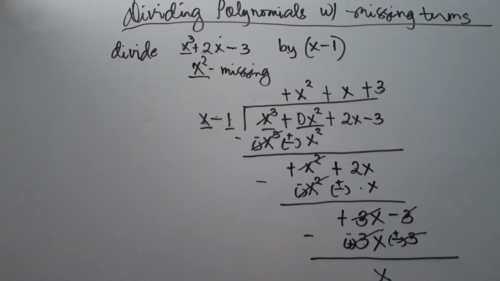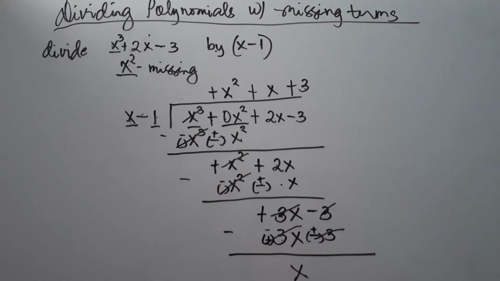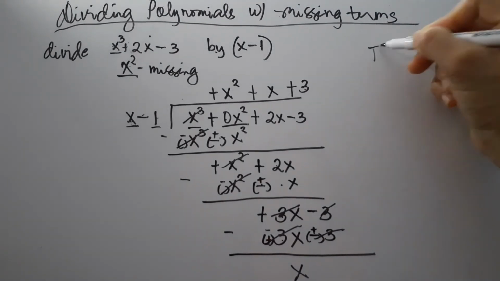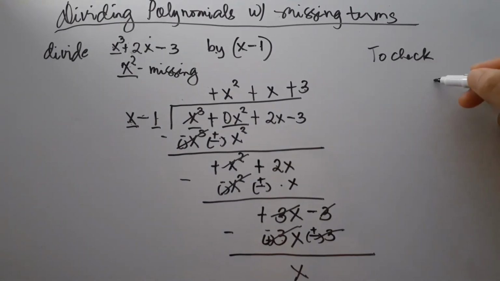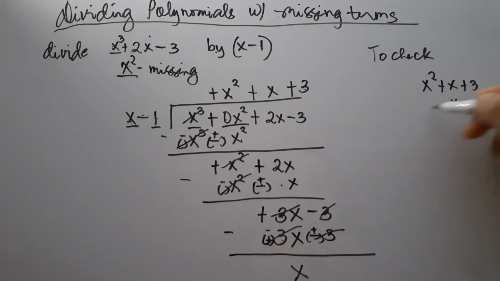Then let's check if the answer is correct. We recall our division process to check, which is to multiply the quotient and the divisor. So x squared positive x positive 3 times x negative 1.